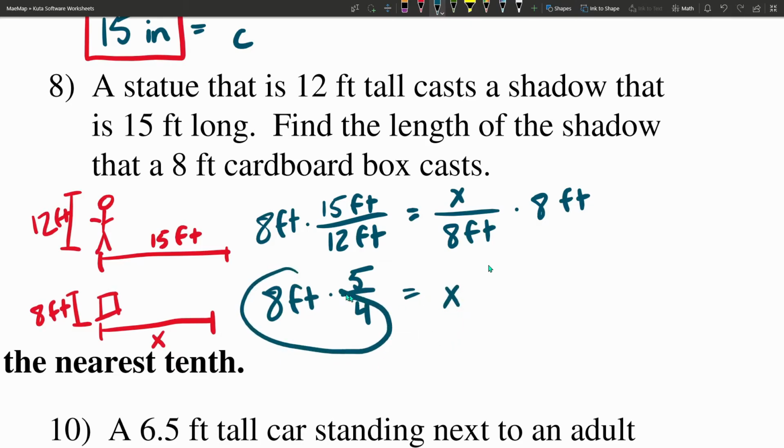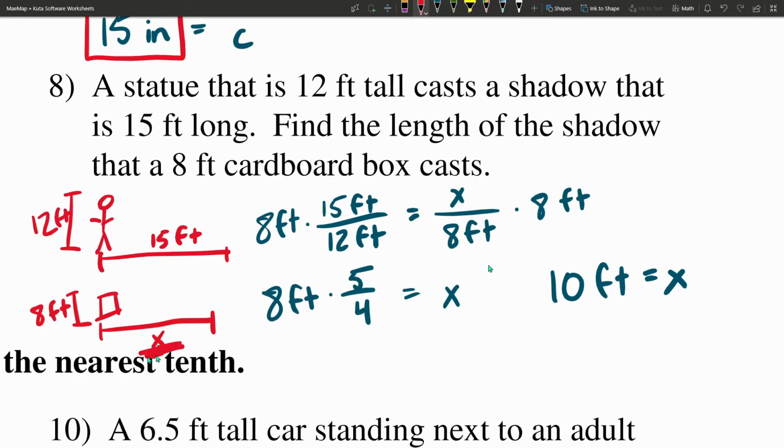Now, look, I have 8 divided by 4, which is 2, and 2 feet times 5 is 10 feet. So 10 feet is equal to x, and remember that x represented the length of my shadow of my box. So 10 feet is that length.